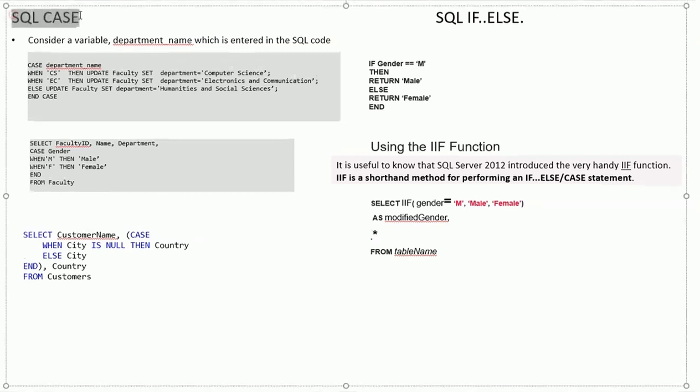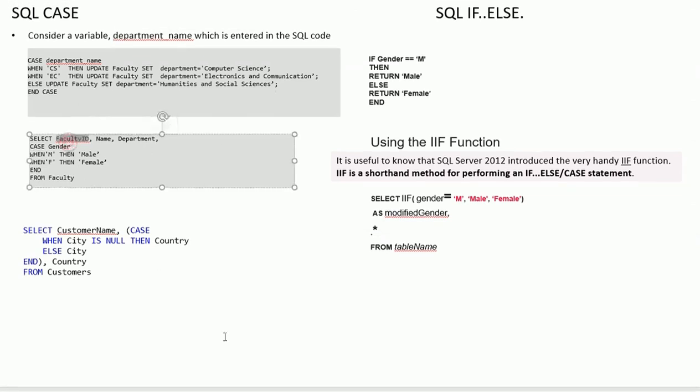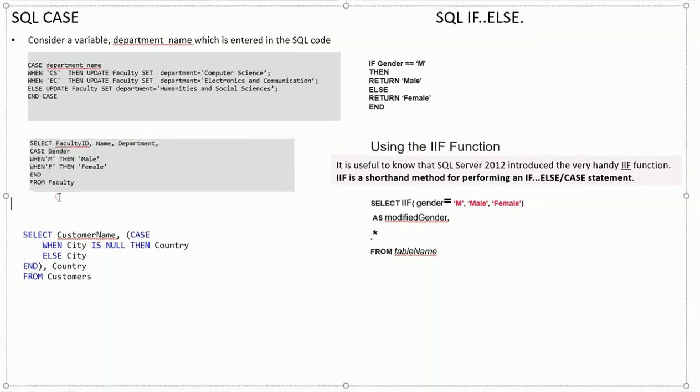So next is the SQL case. What does the SQL case do? Look into this very simple one. Let's say over here you have a table where you have saved the gender as M or F, but when you are pulling the records you really need to show the full form, M for male and F for female. How can you do it? You can use the case operator.